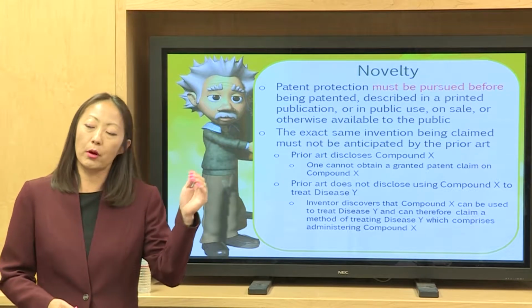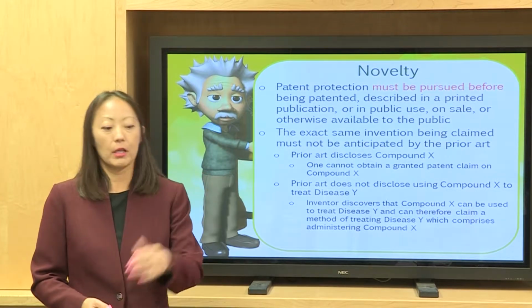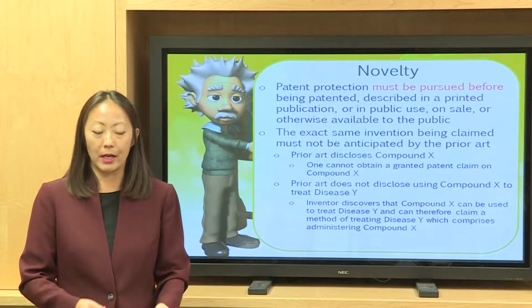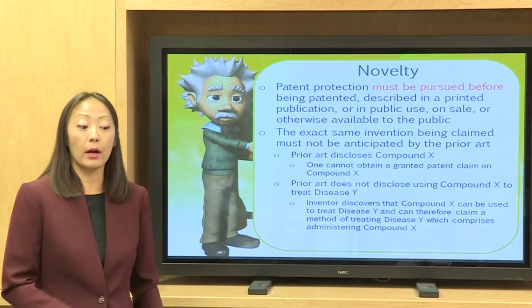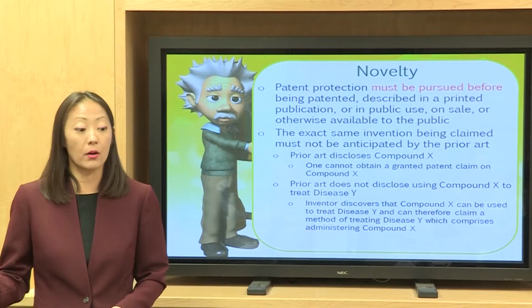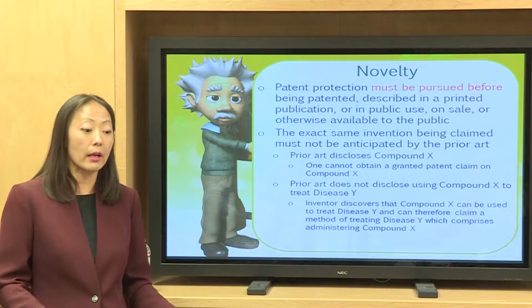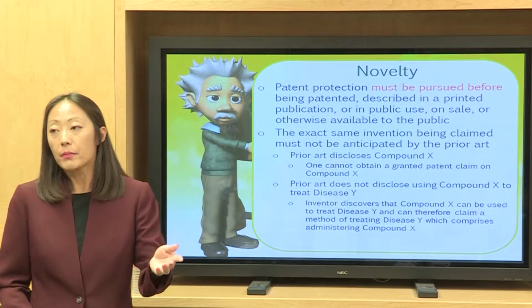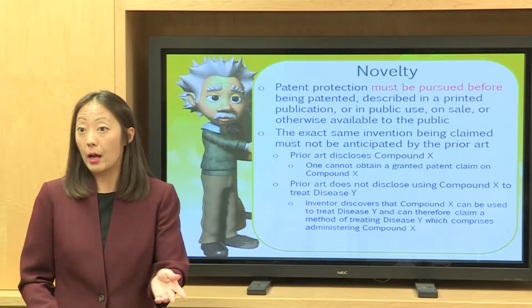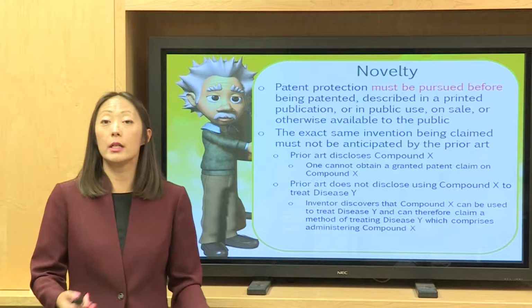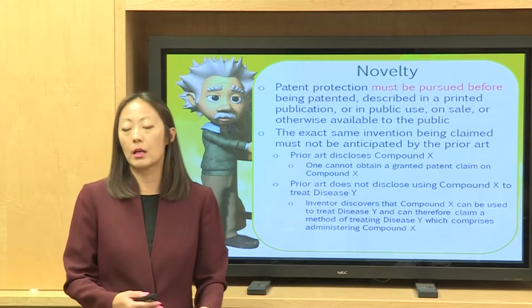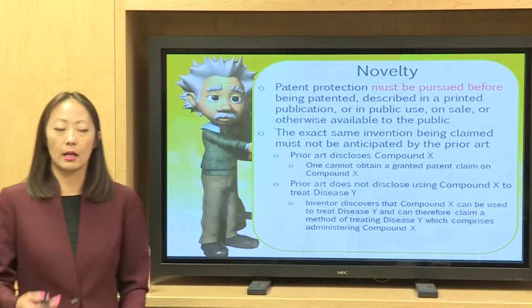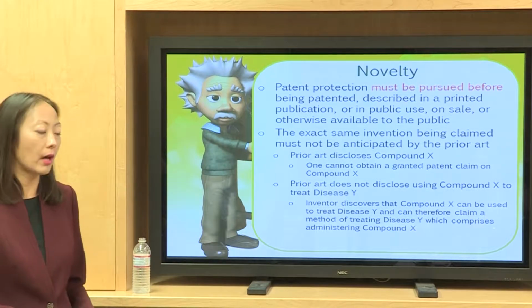If the prior art discloses compound X, you can't get a patent claim on compound X. Now the next example: the prior art does not disclose using compound X to treat disease Y. Well, then you might be able to get a patent claim to a method of treating that disease, if the prior art doesn't disclose any type of correlation to that disease and that it has some therapeutic value in treating it.